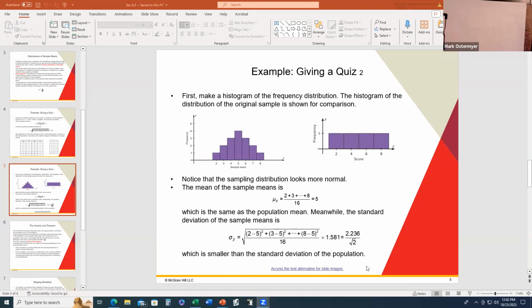Okay, so you can see that when we graph both, this is the population, and this is the sample. This is the graph of all the sample means, the 16 sample means that came from that population. We can see that the graph of the sample means is bell-shaped and normally distributed, whereas the parent population's graph is not bell-shaped and symmetric.